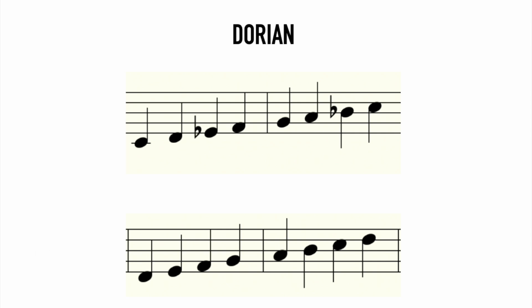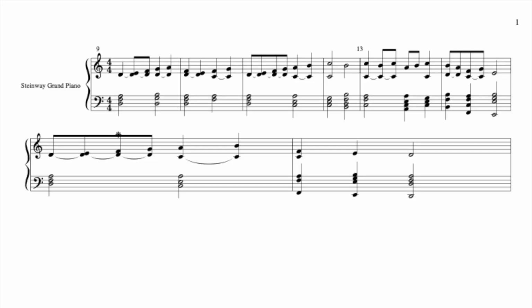Let's check out how it sounds. Now there's something a little bit dark about Dorian, but not quite dark as minor. Now the difference between this and minor is that that 6th degree is not flat in Dorian. So sometimes people consider it a less dark or a softer minor.